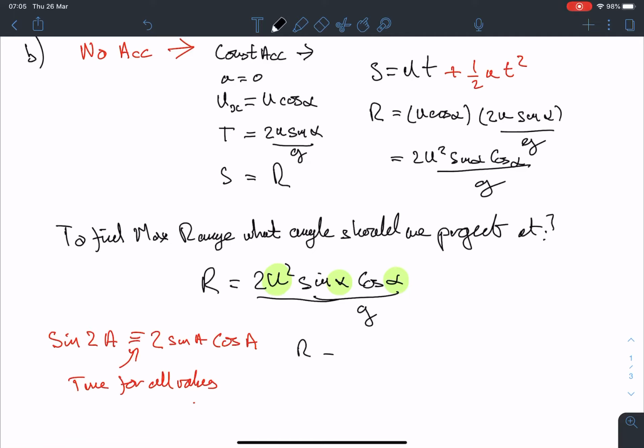Okay, so what do we get then? R equals, and we can replace the 2 sine alpha cos alpha then with sine 2 alpha, because our angles in this case are alpha, over g, and I still need the u squared in the front.